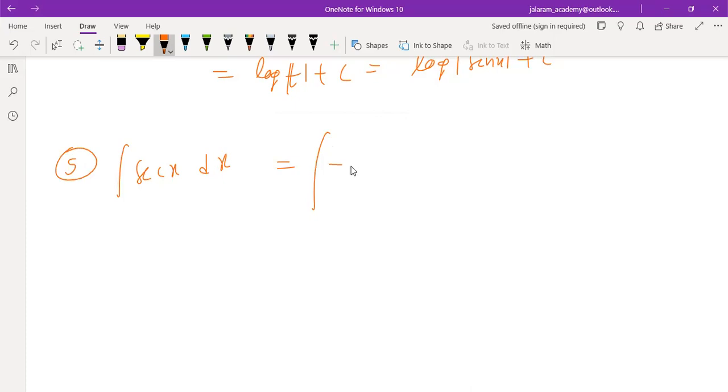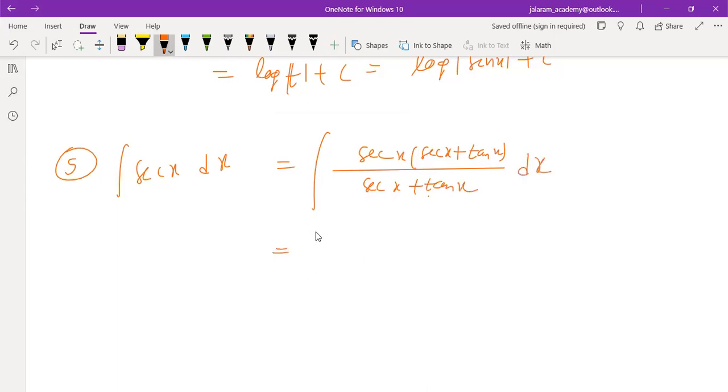To integrate this, the one thing we have to do is remember, we will multiply by sec x plus tan x, and we will divide by sec x plus tan x.